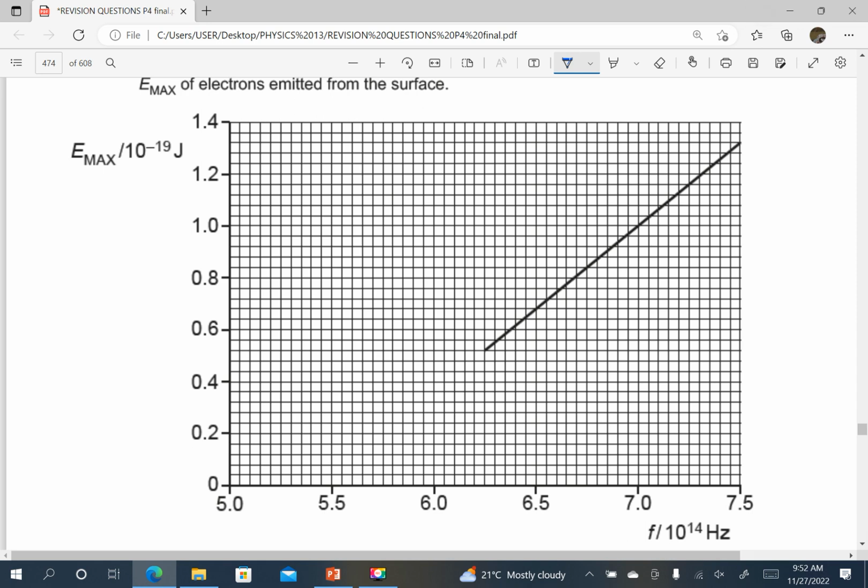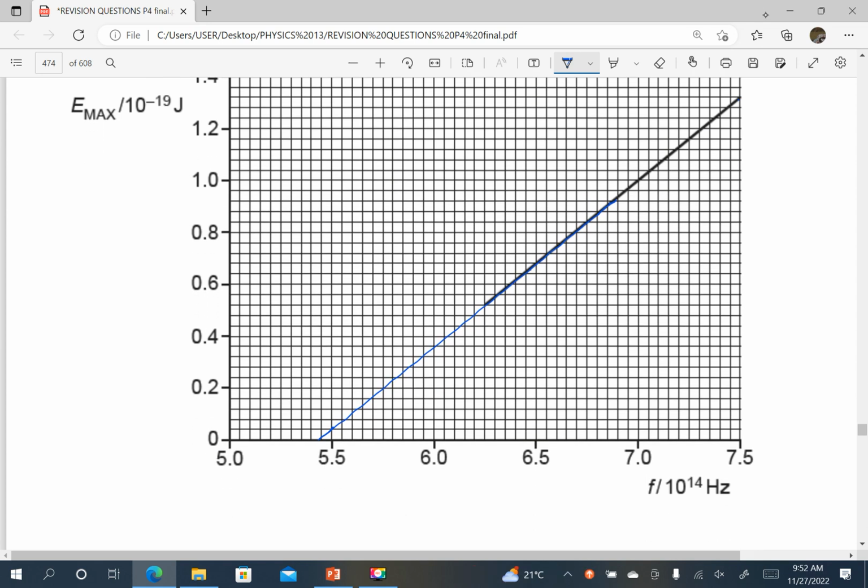We may need to find F naught, so I'll prolong this line. When I prolong it, it is touching 5.4, I guess. Is it 5.45? Yes. The scale here is 0.5 divided by 10, 0.05.